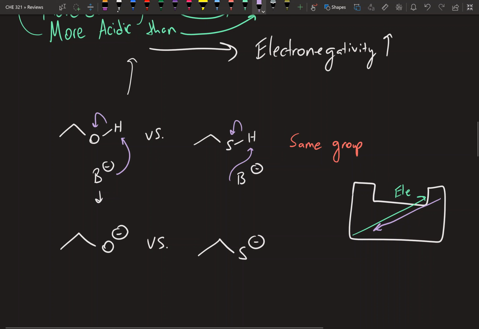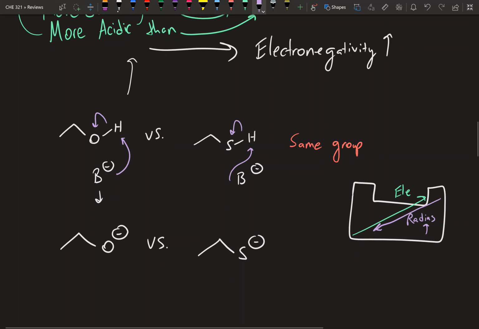As in, if we go down or to the left of the periodic table, our atoms will be getting bigger. The atomic radius gets bigger as we go to the bottom left of the periodic table.